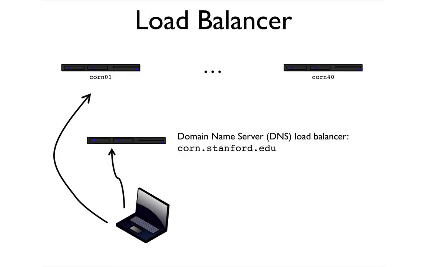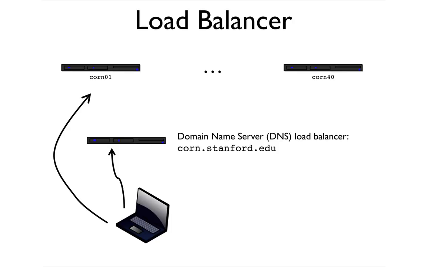Okay, so I just want to briefly explain why, when we log into corn.stanford.edu, we saw from our Linux shell prompt that we're not actually logged into that machine. We're logged into corn and a number. So there's actually 40 machines as part of the corn systems.